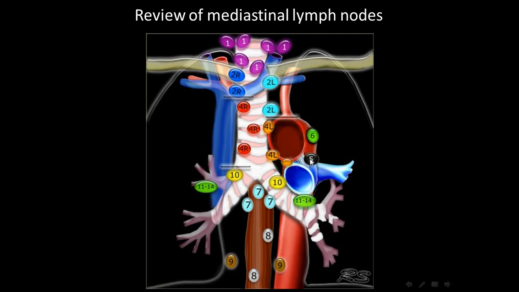Fifth, aortopulmonary window lymph nodes or the subaortic lymph nodes. 6, para-aortic lymph nodes. 7th, subcarinal. 8th, paraesophageal. 9th, pulmonary ligament lymph nodes. 10th, hilar. Then 11 to 14 are the lobar, the segmental and subsegmental lymph nodes.